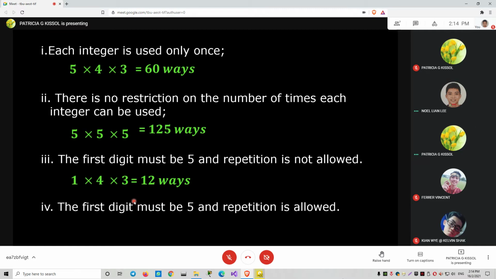Can 5 be used? Yeah, so it should be 1 times 5 times 5. So it will be 25 ways. Okay? Do you understand?